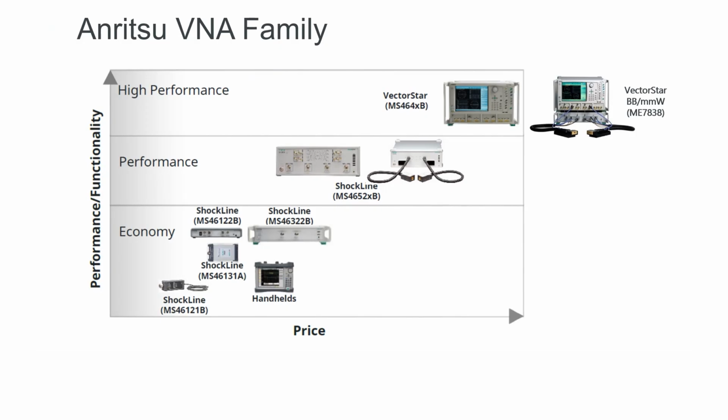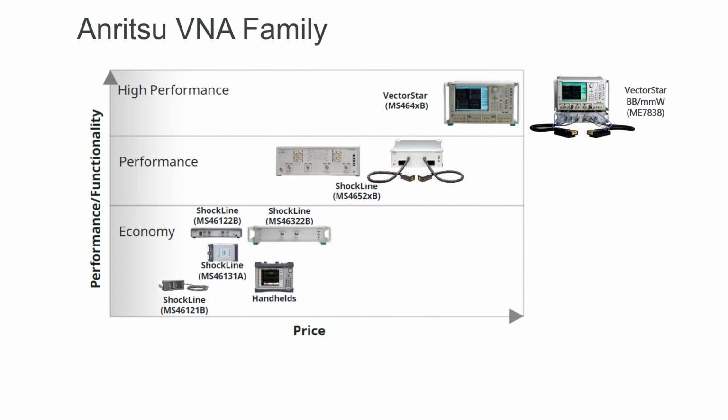So Anritsu has quite a wide family or portfolio of VNAs, ranging from the high-performance VectorStar, which we're talking about and demonstrating today. There's also a mid-performance 4-port called the ShockLine, and that goes up to 43.5 gigahertz. It also has the de-embedding software as standard, so much the same as what VectorStar has.